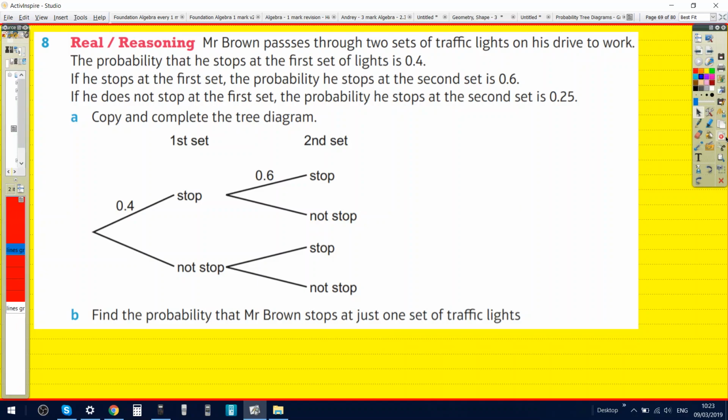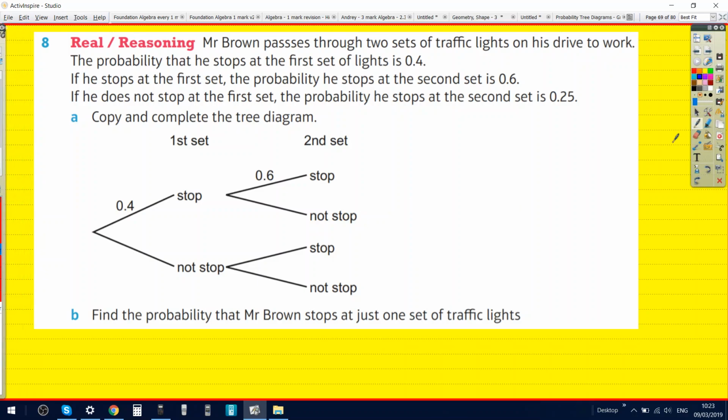So for the second set of stopping, would it be 0.4 to not stop on the second set? Yeah. And then for the first set of not stopping, would that be 0.6? Yeah. So first set not stopping, but for the second set to stop, would that be 0.6 as well? The second set has its own settings.